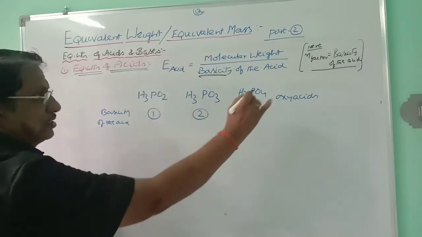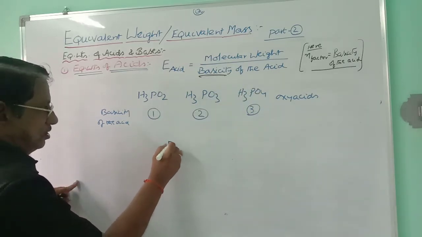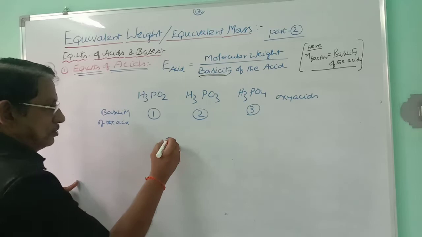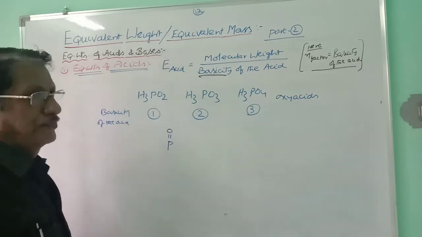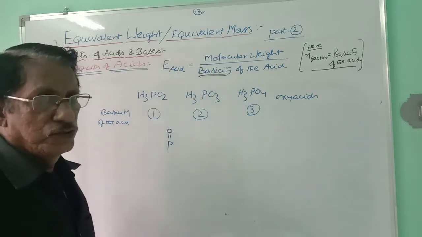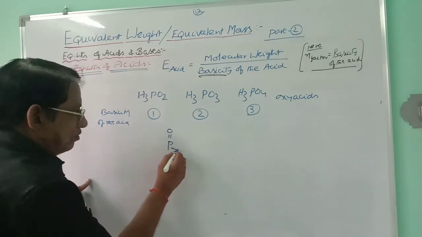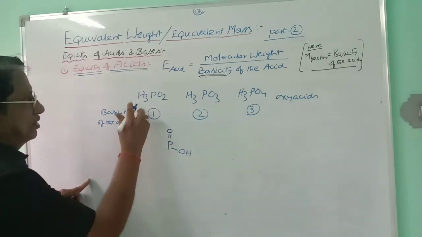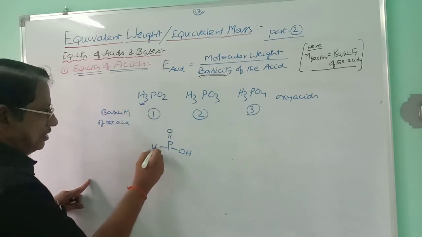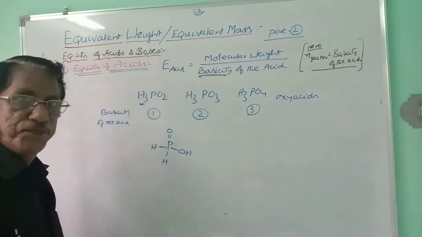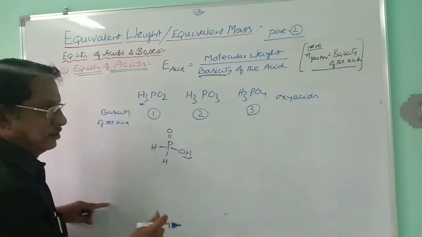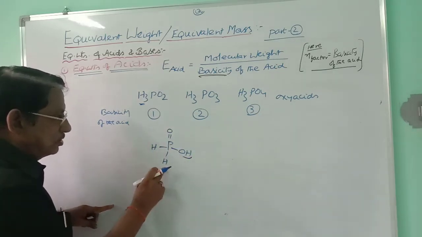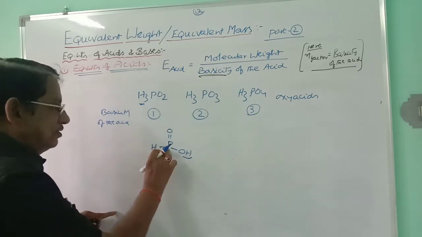When you are writing the oxyacid structure for phosphorus, first of all you have to give priority to one oxygen to phosphorus linkage. This is the first one. How many oxygens remain there? Only one O, and that O will be carrying the H. What about the remaining two hydrogens? Directly attached to phosphorus. And here the OH group attached to a non-metal is acidic, but the hydrogens which are attached directly to phosphorus are not acidic.